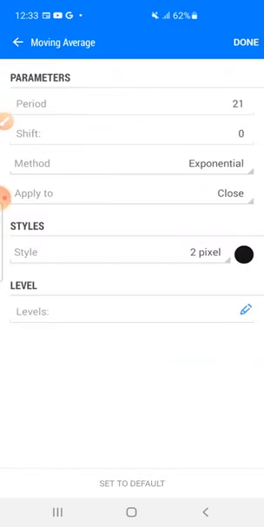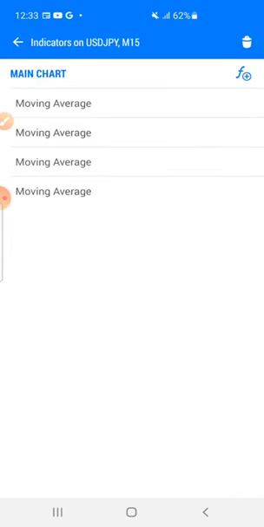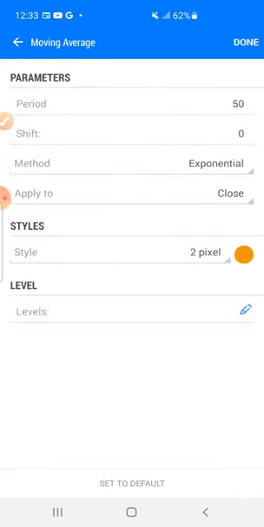The first moving average we are adding here is moving average 21, that is period 21, shift 0, method exponential, apply to close, and you can see the information here. Then the next moving average is moving average 50, with shift 0, method exponential, apply to close. You can see I chose the color, you choose different colors. Now you click on done.